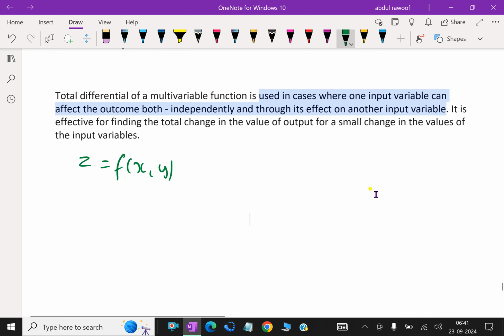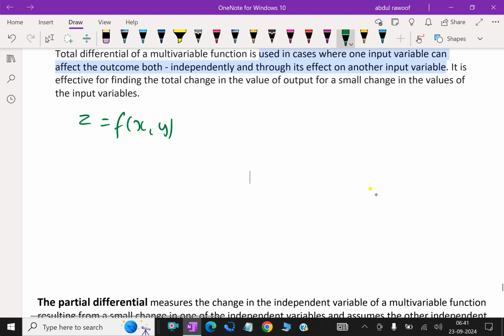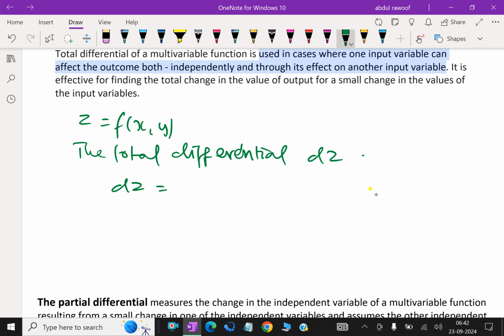The total differential dz is equal to zx dx plus zy dy.